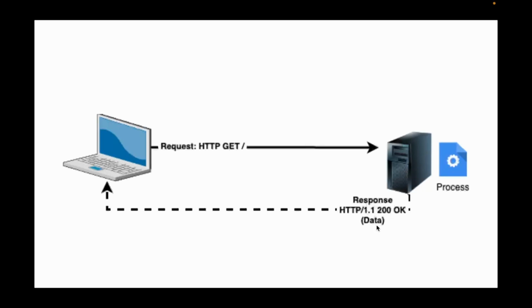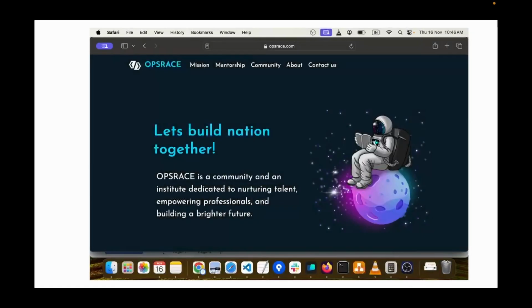While it is responding, it also provides some information in the header, like your request has been accepted or your request was successfully processed. That's why it returns HTTP status code 200, which means okay. So this packet goes back with data as well as the header information.